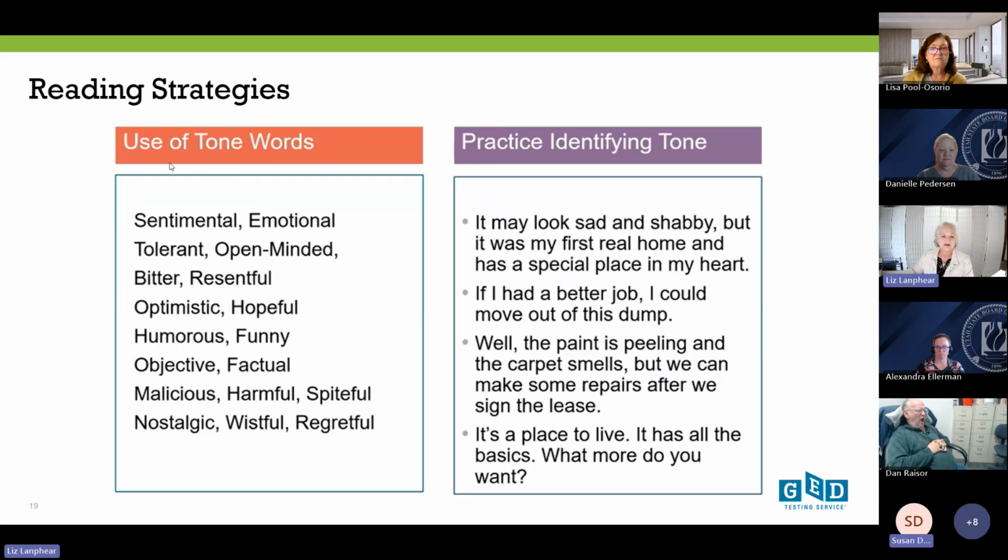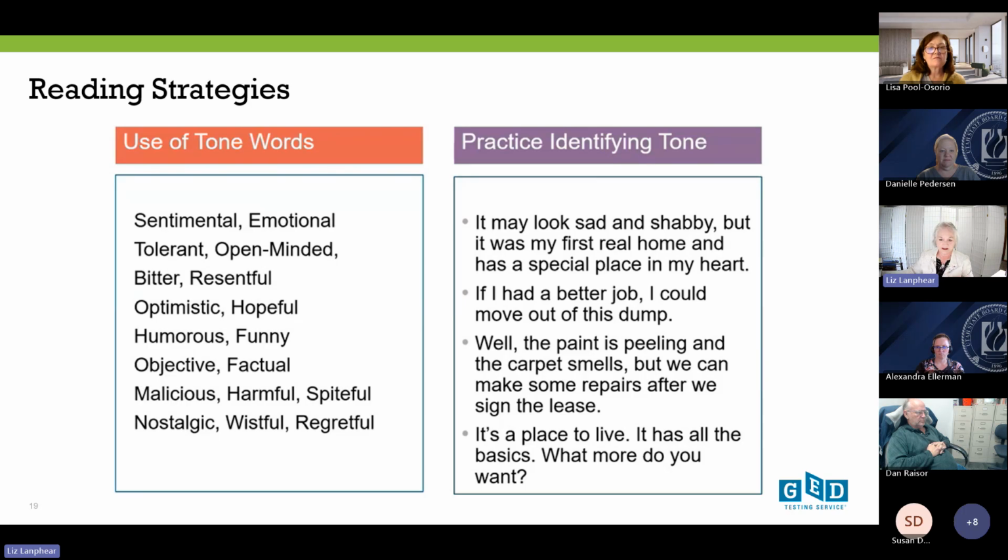So reading strategies: use tone words. These tones are important to pick out and understand. So practice identifying a tone. If the statement was, it may look sad and shabby, but it was my first real home and has a special place in my heart. So that's sentimental, right? If I had a better job, I could move out of this dump.